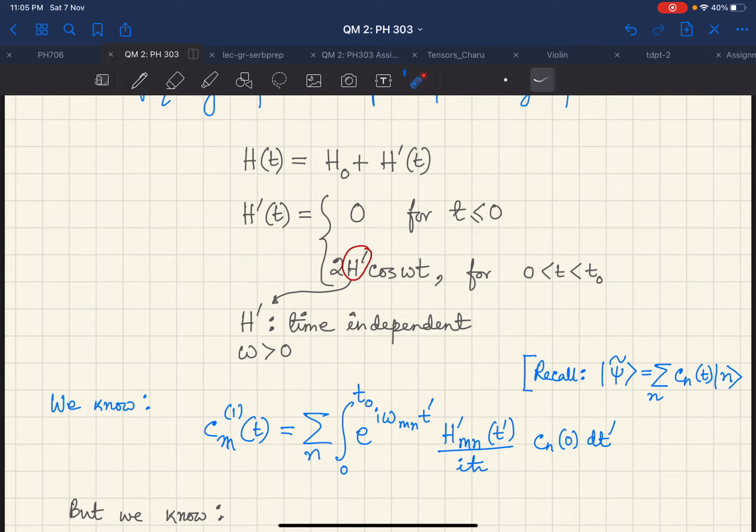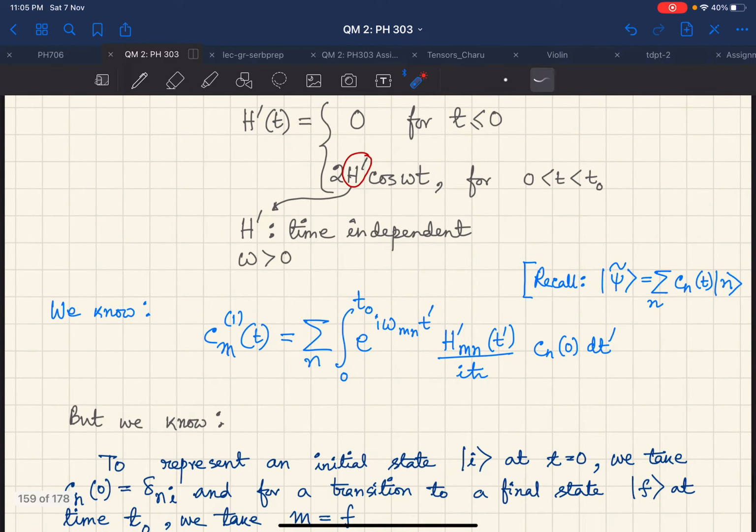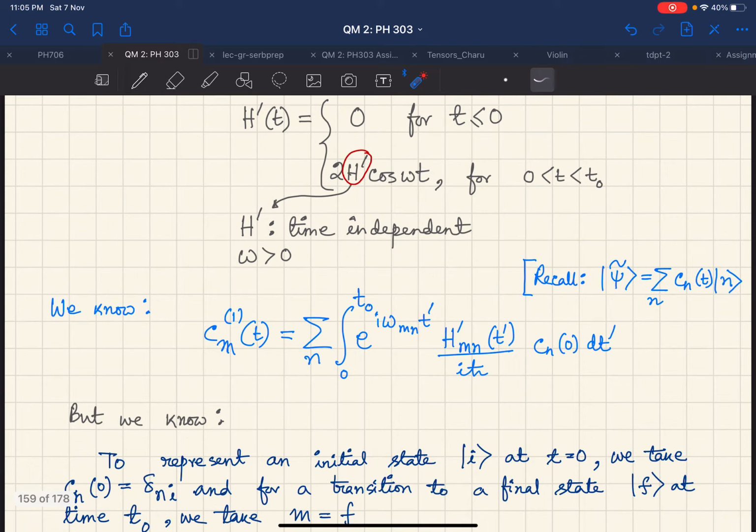So if we keep terms only up to first order in this expansion, then we had already seen that I can write this C_m^(1)(t) as this integral. So this we had discussed long back. This result is going to be with us throughout this discussion of time dependent perturbation theory. The only thing that changes is the form of this perturbation.